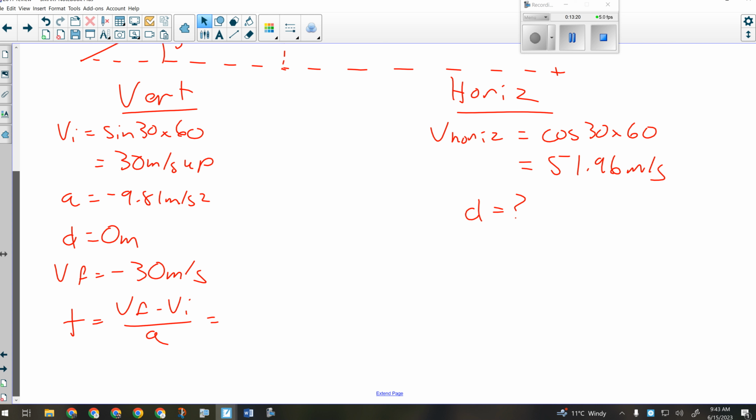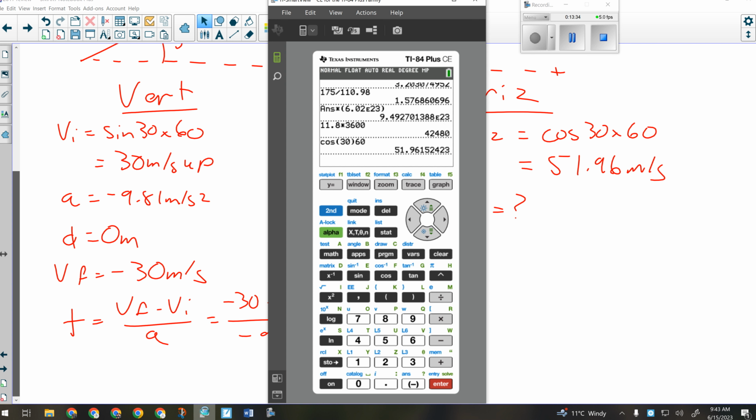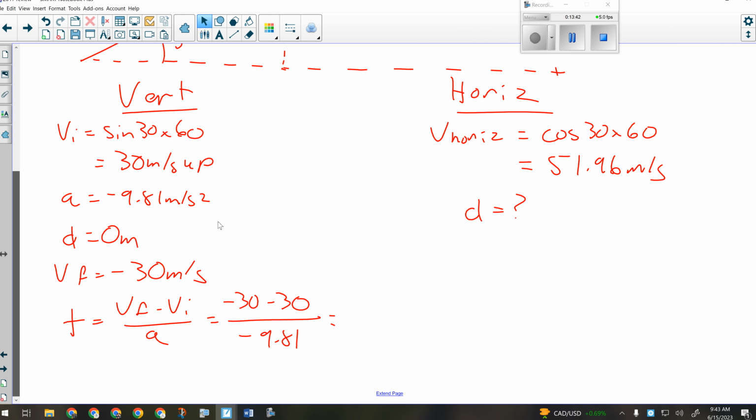So that'll be negative 30 minus 30 divided by negative 9.81, so basically negative 60 divided by negative 9.81. That thing is going to be in the air for 6.11, well, it's actually 6.12 seconds.